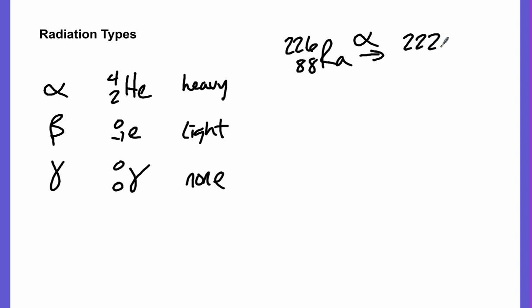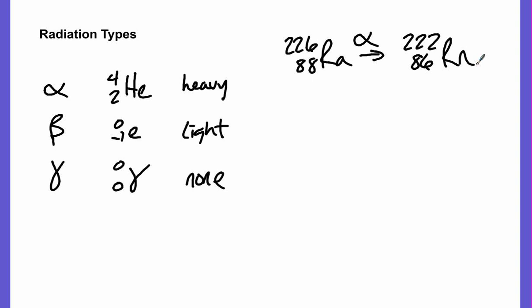But I'm also going to do the same thing with my atomic number. By ejecting a helium atom, I lost 2 of my protons as well, so that's going to turn into an 86. And this is where that periodic table comes into play. You need to know what new daughter was formed in this context. So 86, I believe, is the atomic number for radon, and so that's your product.